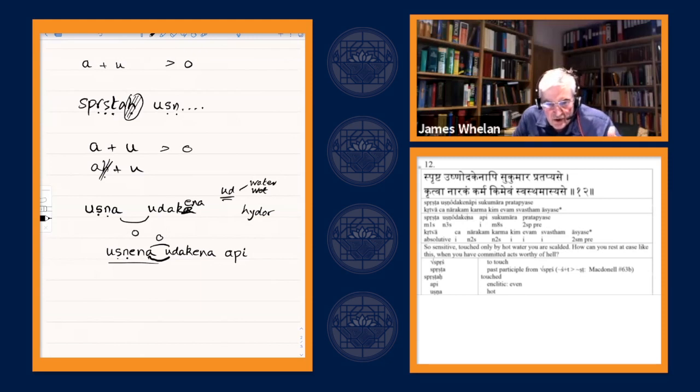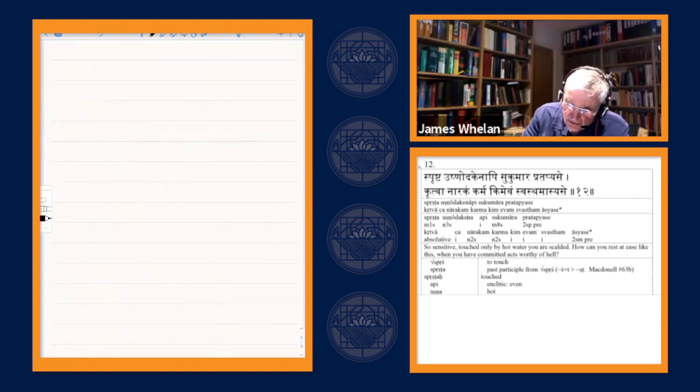So sprishta ushnodakenapi sukumara, little diddums. Pratapyase, you are burnt, you feel the heat. So the root tap, we know, meaning heat or to burn. As a verb, it is both transitive and intransitive, rather like the English verb to burn.